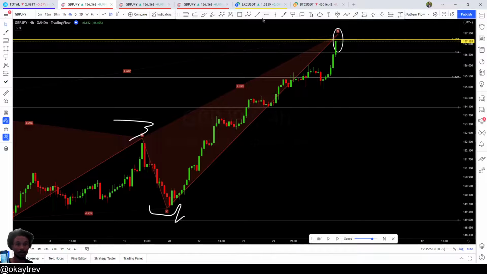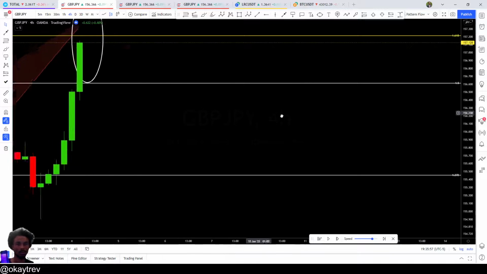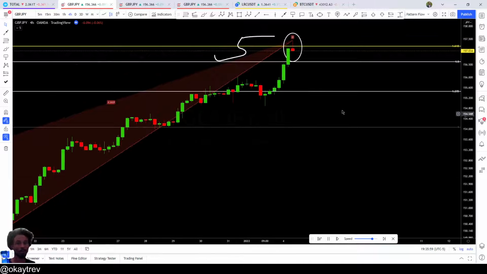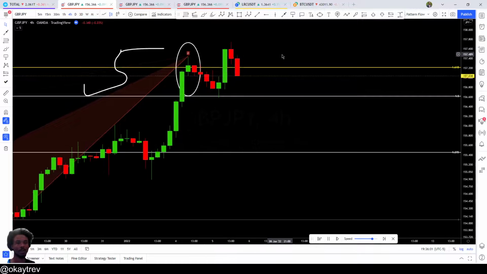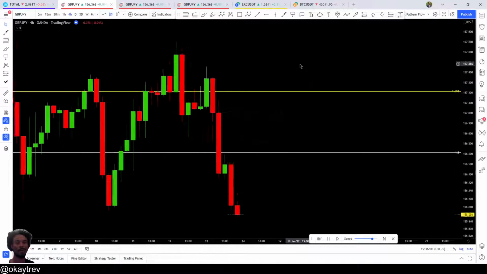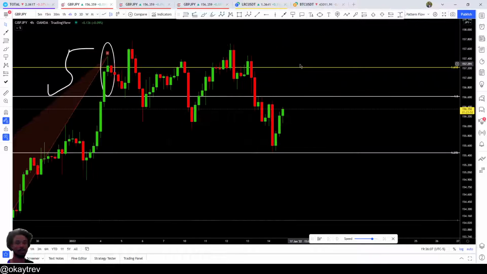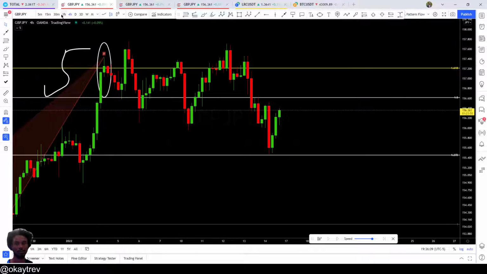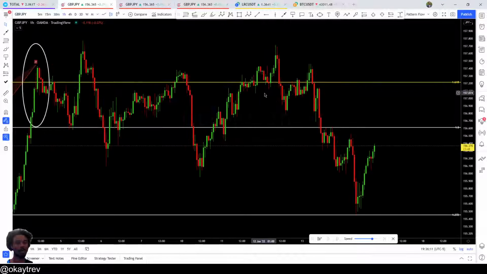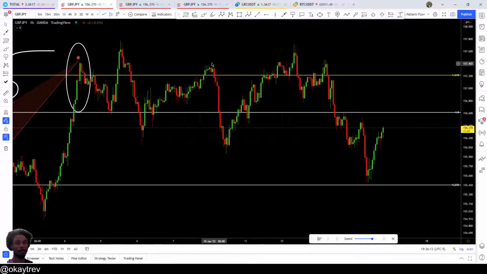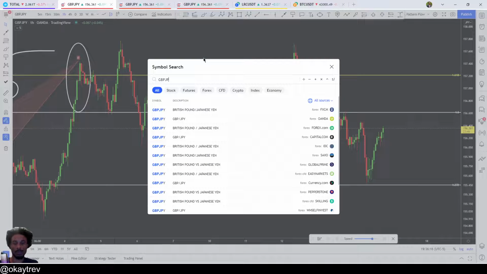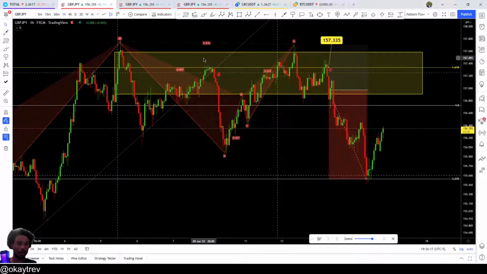Watch for the reaction. So this beautiful candle right here created this massive sideways reaction that happened over and over and over within itself. So like I'm saying, I wouldn't have known how to trade that unless I would have had these harmonic patterns.